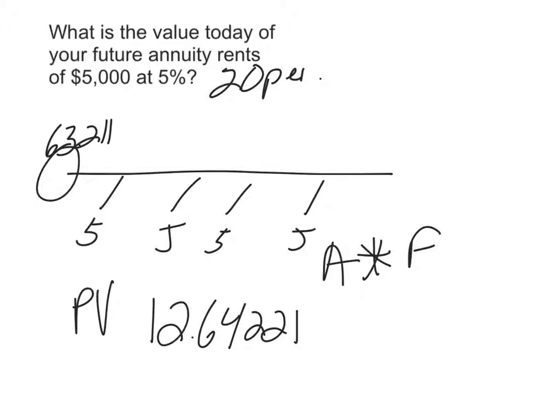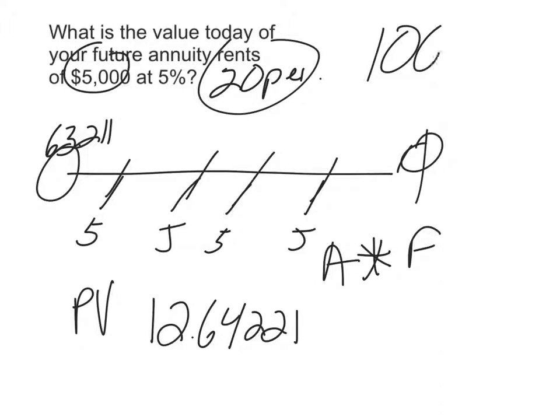And in essence, you're going to take out $5,000 every period for 20 periods. And at the end, you're going to be left with nothing. So you're going to end up taking out $5,000 for 20 periods. You're going to end up taking out $100,000. What is that $100,000 worth today? $63,211. So it does make sense.